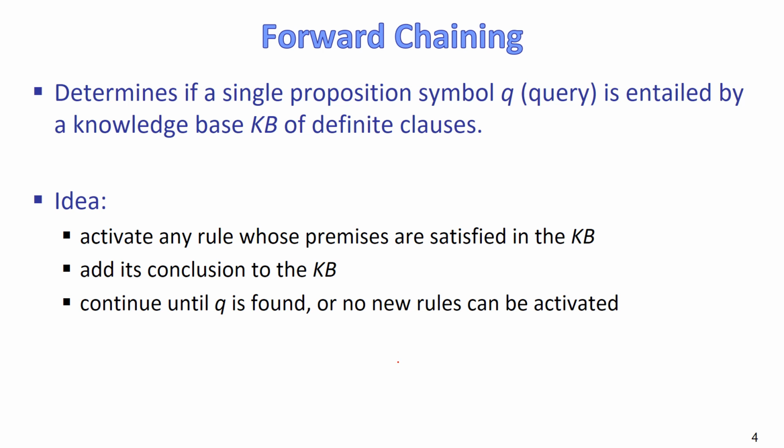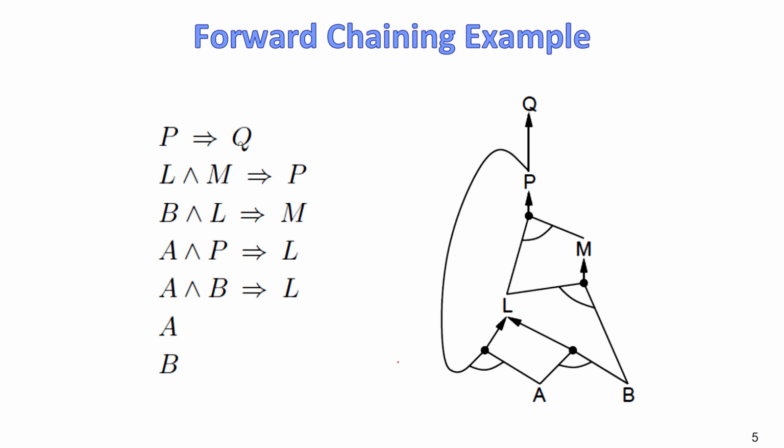The idea is that we will activate any rule whose premises are satisfied, add its conclusion to the knowledge base, and continue doing that until either the query is found, which means satisfied here, or no new rules can be activated, in which case we will say that the knowledge base cannot entail the query. Let's see an example, and then we look at the algorithm together.